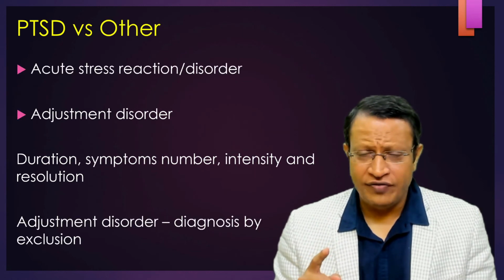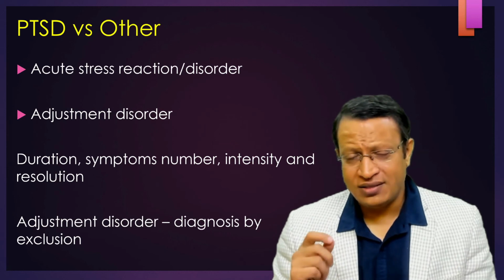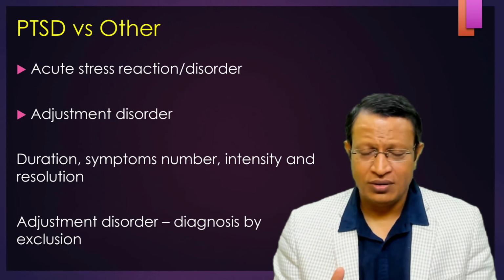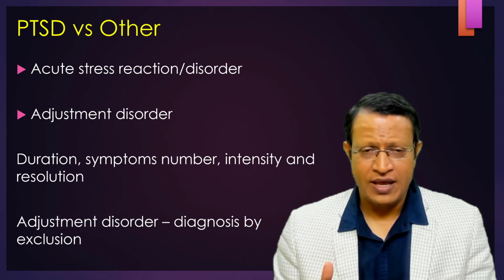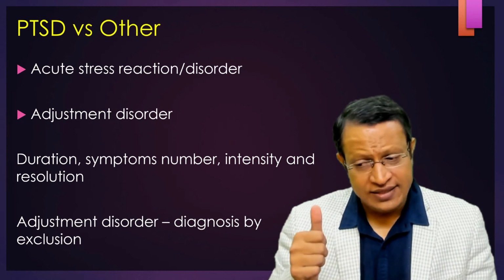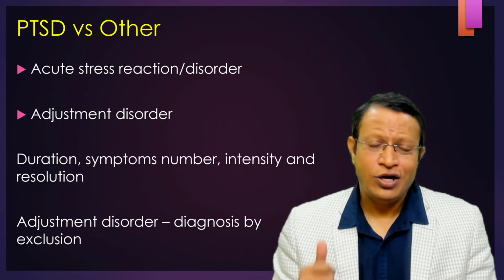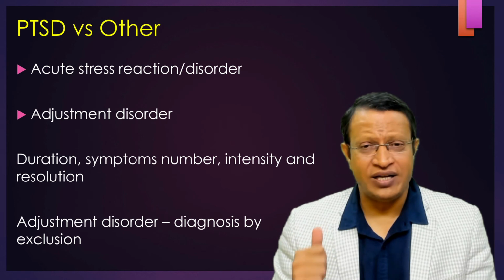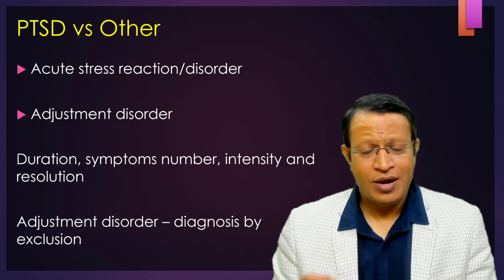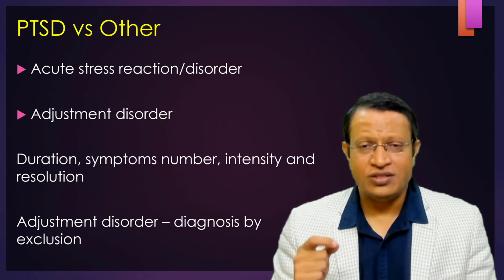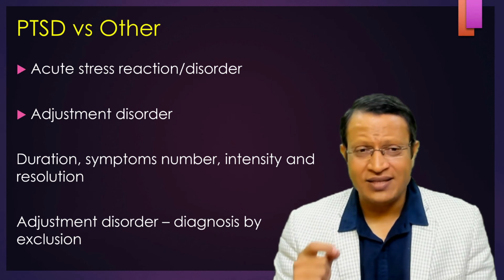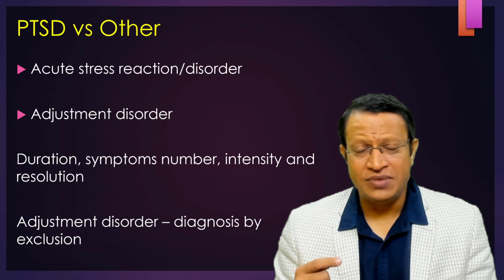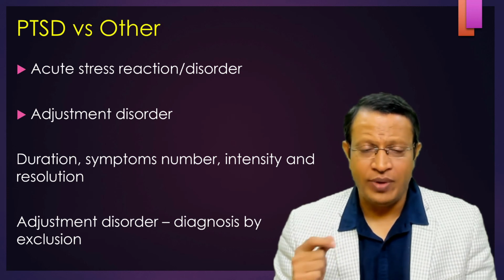Further, one needs to differentiate between PTSD and other stress disorders like acute stress reaction or disorder or else adjustment disorder. In both situations, symptom severity and duration play a very essential role. With regard to acute stress reaction and disorder, less than 1 month, most of them will resolve and it will be considered as acute stress reaction. If it presents for more than 1 month and the symptom numbers are there, that means it will be PTSD.